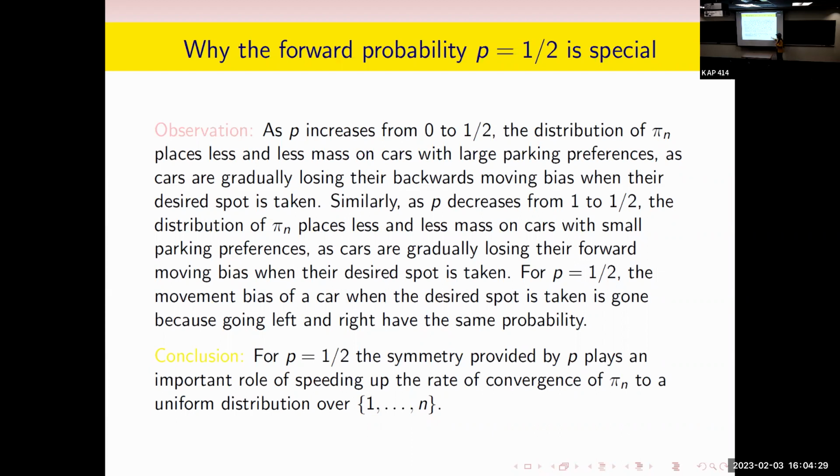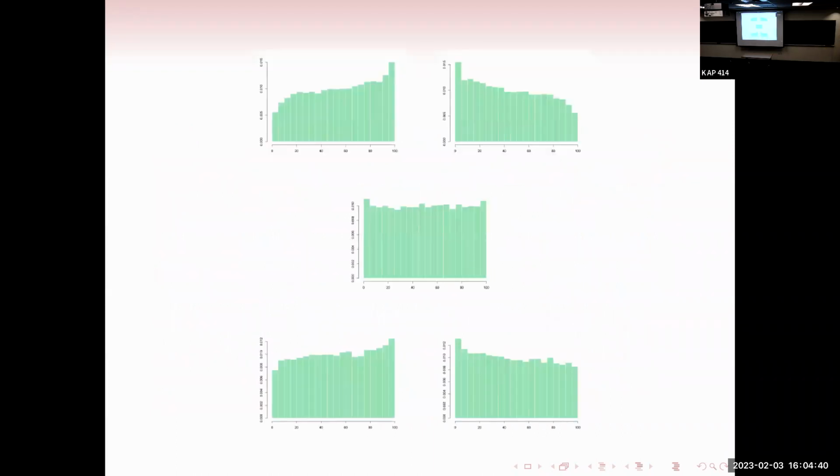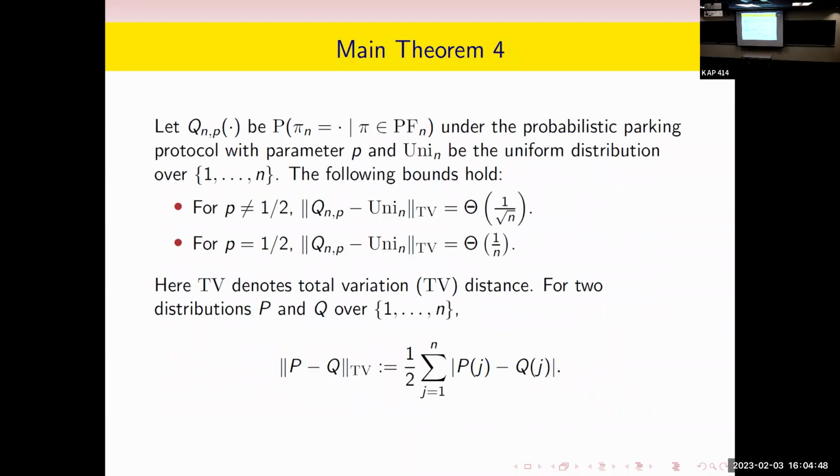Rigorously, we will show that it actually speeds up the rate of convergence of pi_n to the uniform distribution when p is equal to 1/2. Okay. Again, let's look at the simulation pictures one more time before we dive into the proof. So here is the main theorem. We let Q and P be a shorthand for the conditional distribution for the last car.